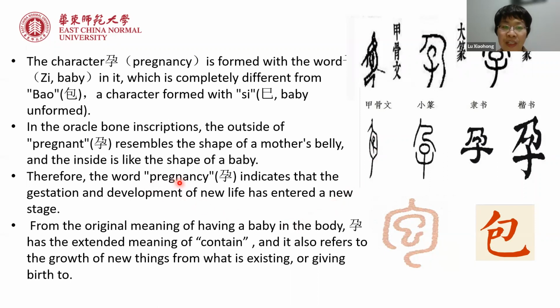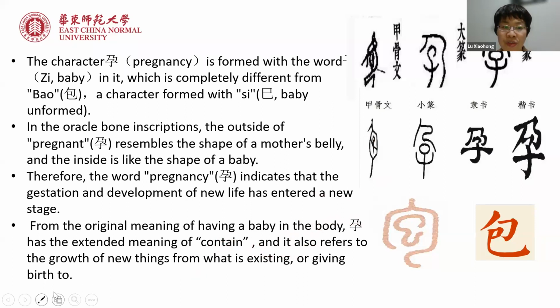Therefore, the word pregnancy, or 孕, indicates that the gestation and development of new life has entered a new stage. From the original meaning of having a baby in the body, 孕 has the extended meaning of contain.